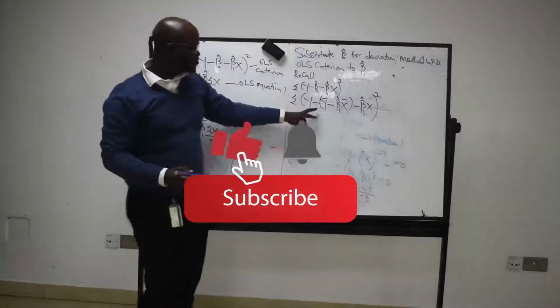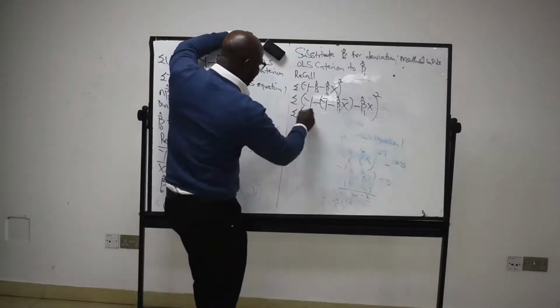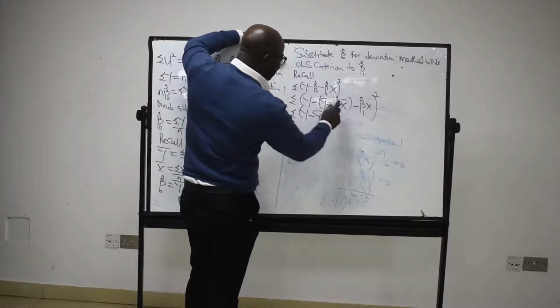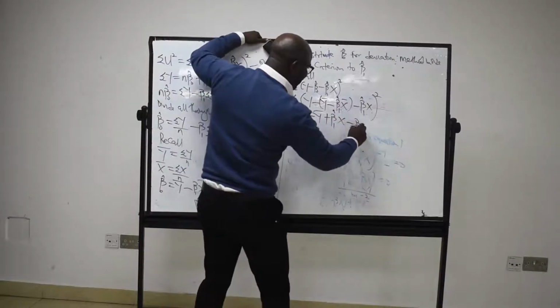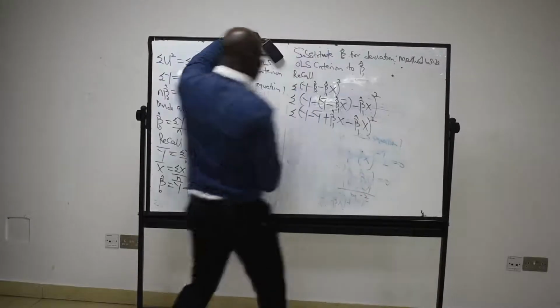So let's expand this with this sign. So I can rewrite this to be summation of y, this time we have minus y bar, this time we have plus beta 1 cap x bar minus beta 1 cap x, all squared.